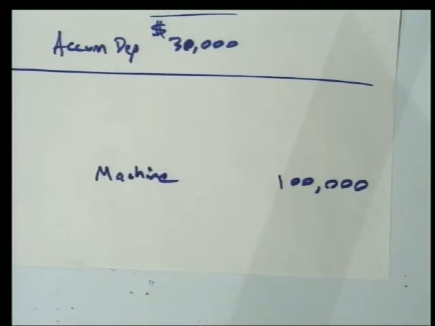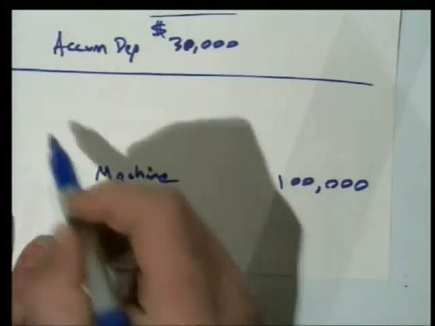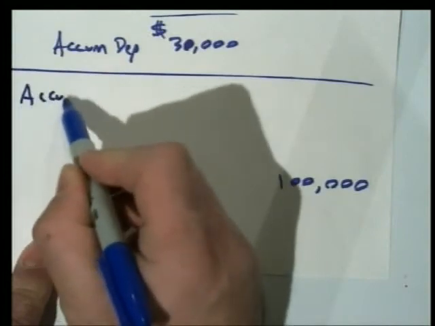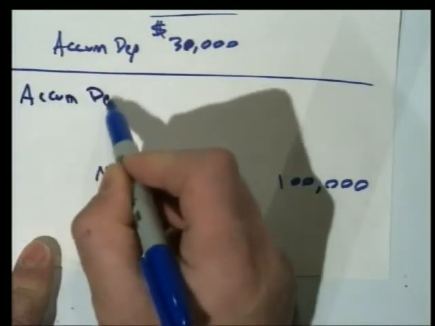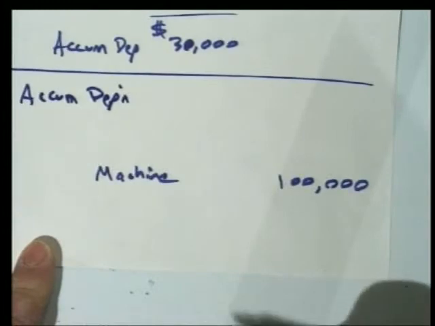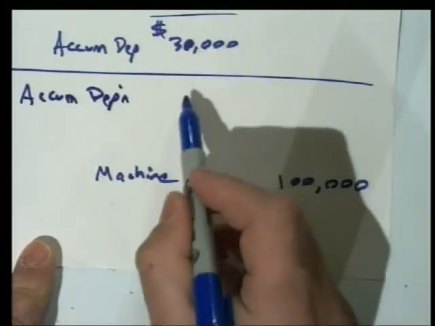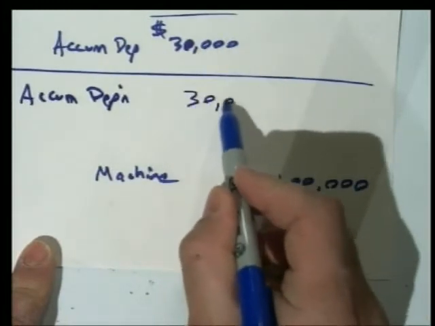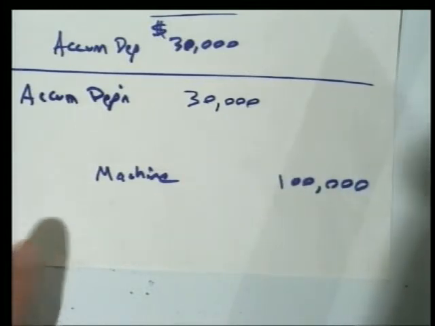Look back at your slides. What's the next step after remove the asset from the books? Remove the accumulated depreciation. Accumulated depreciation is a credit balance. Thus, we have to debit it. And how much was the accumulated depreciation? It's right there, right? So we debit accumulated depreciation for $30,000.